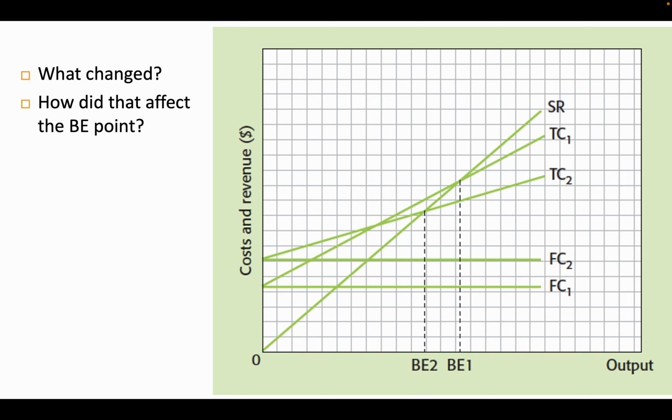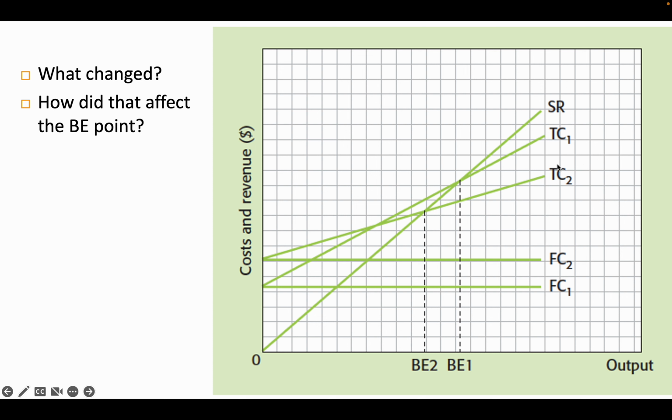Maybe they are paying higher rent, but maybe they're paying less for the materials and for the wages and for all the variable costs. It doesn't have to be as drastic as moving to a different country. It can be just moving to a different factory or renting a different space where there's this difference.